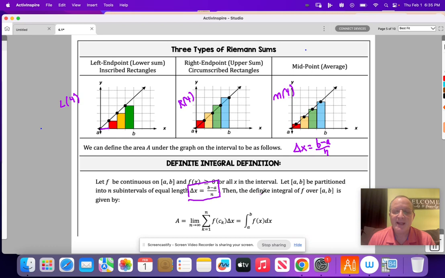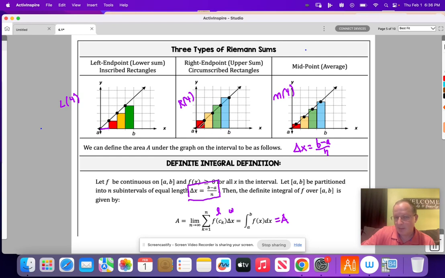Then the definite integral, the area. This is another way of thinking about area. I know it says that at the very beginning, but this would be adding up these rectangles from 1 to n, where this is the width of the rectangle and this is the length. So c of k, where k is telling you I'm going from the first one, 1, 2, 3, 4.